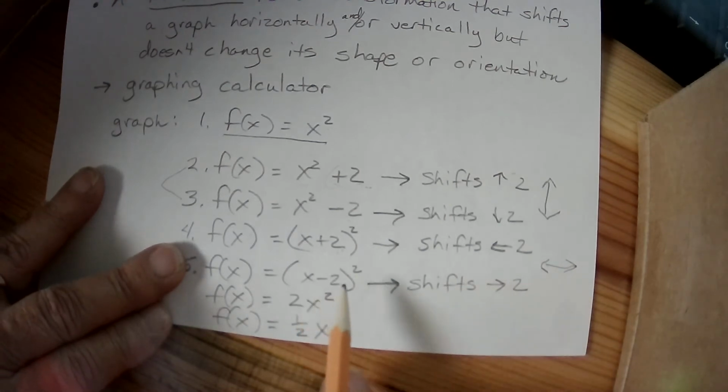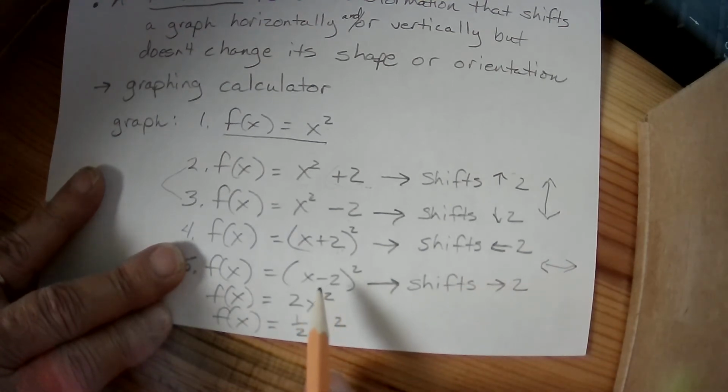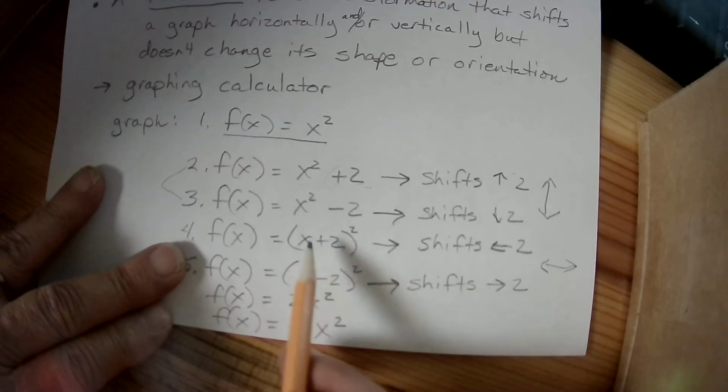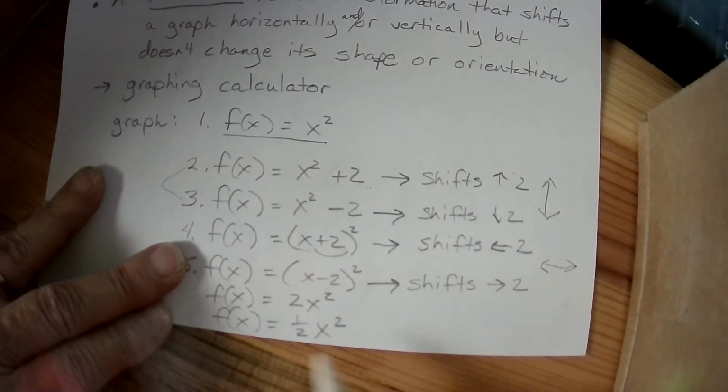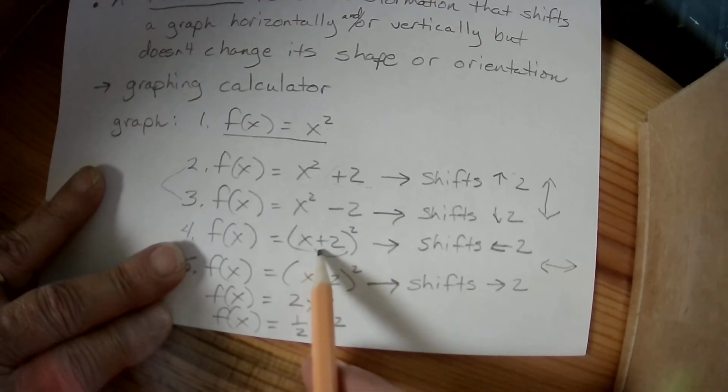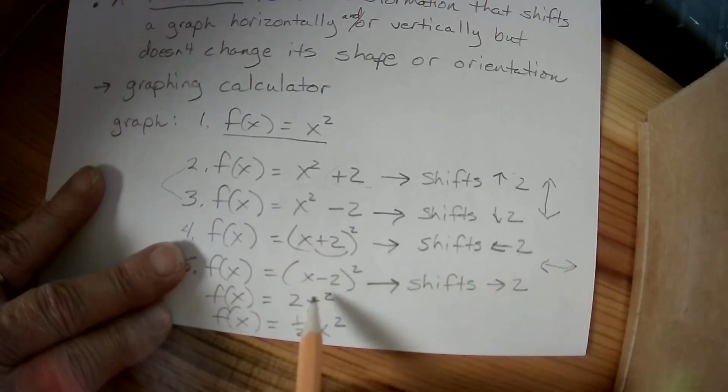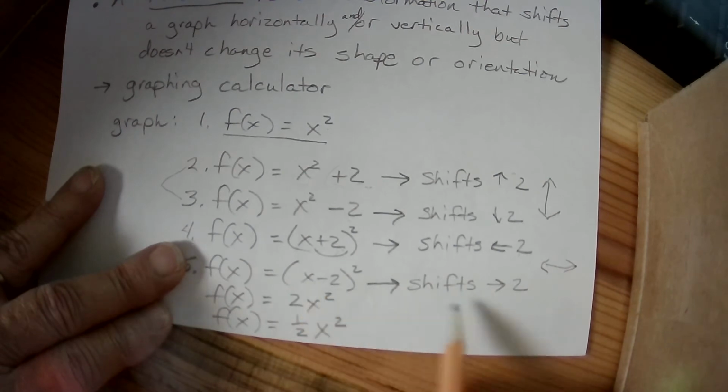And for right now, until we get into more specifics, just keep in mind that a horizontal shift is the opposite of what it seems like it should be. So if this is plus 2 inside parentheses, it's a shift to the left. If it's a minus something, it's going to be a shift to the right.